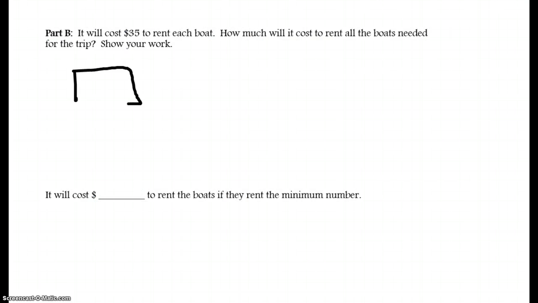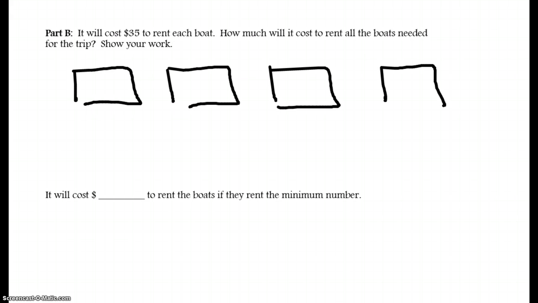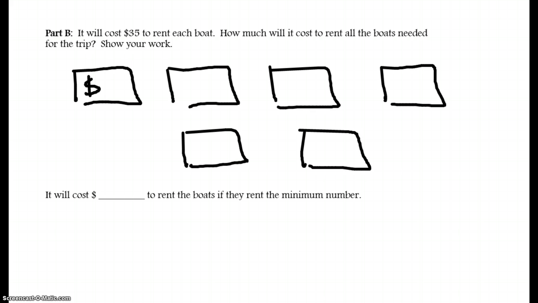Each of those boats costs $35 to rent. So what I need to do is, if each of these boats costs $35, figure out how much that is all together. And I think you can figure that out. So hopefully this helped you, and good luck on the real world problem.